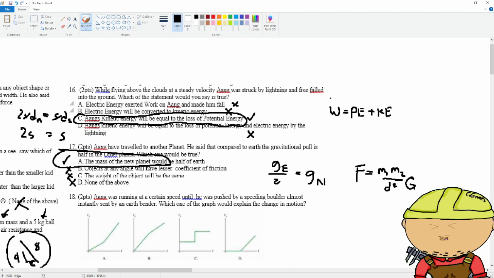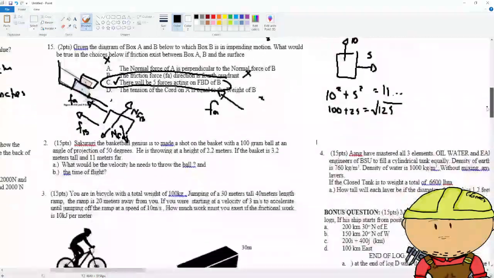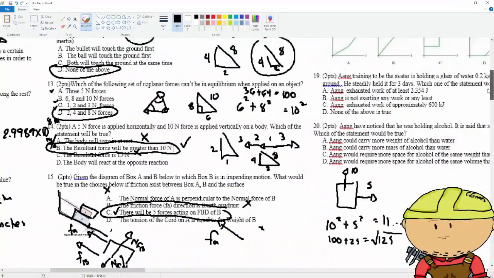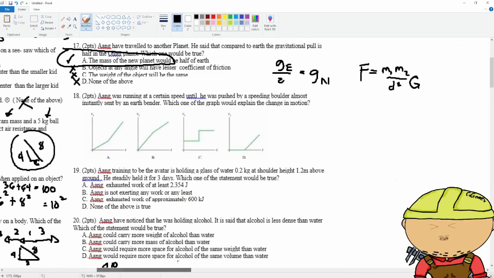Since Ang is flying, he's exerting work, but he stopped flying because he got hit by lightning. So 0 work will be negative PE plus KE, or equals K. I think that's about it. I've shown you all the formulas and calculations.